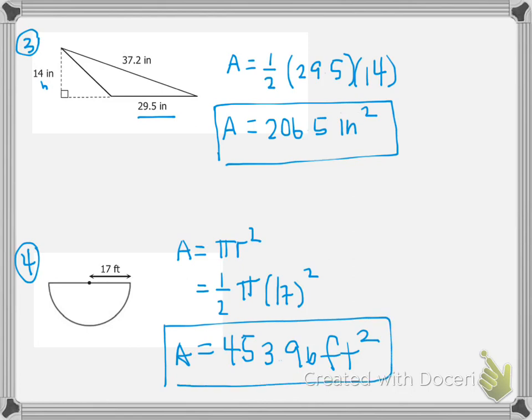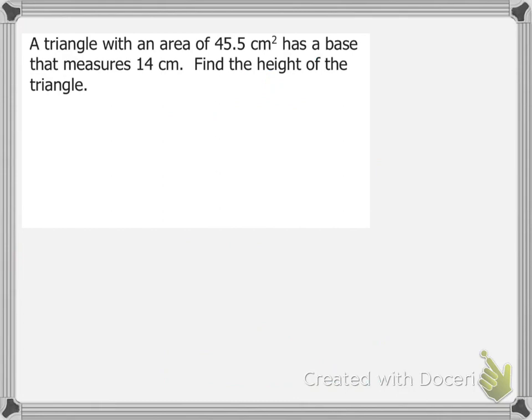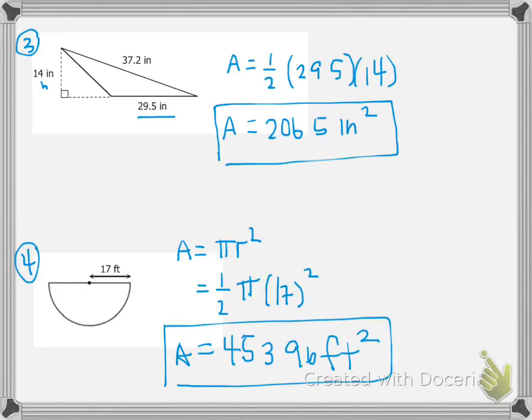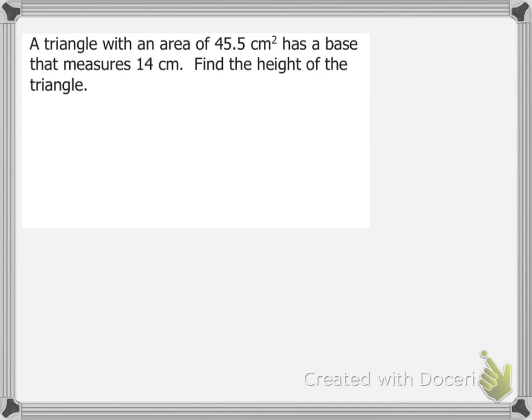All right, let's look here. A triangle with an area of 45.5 square centimeters. The area of a triangle is 1/2 base times your height. The base is 14 centimeters, find the height.